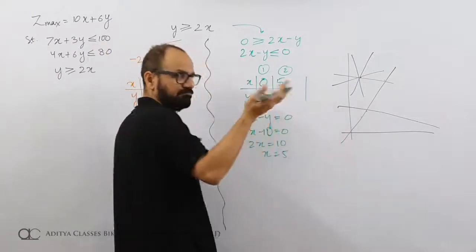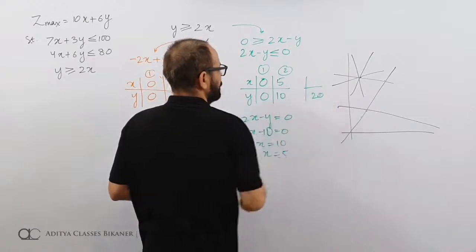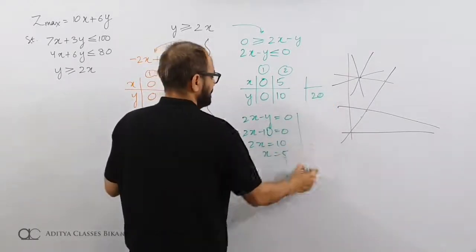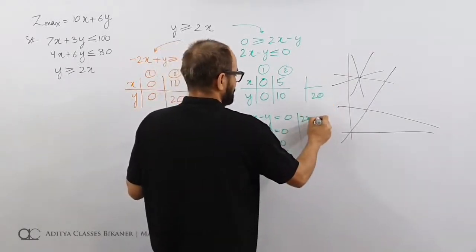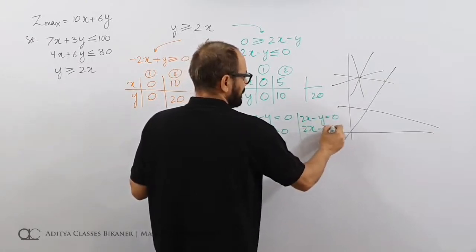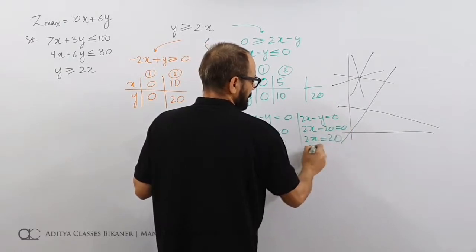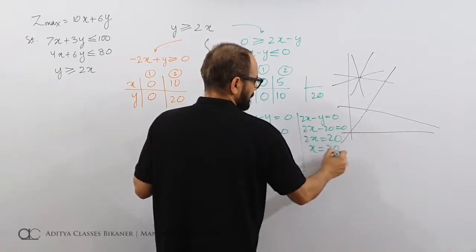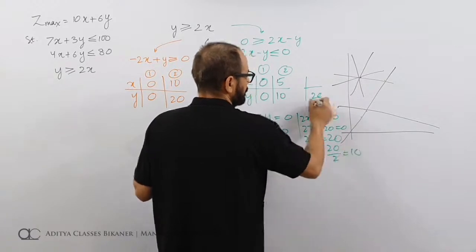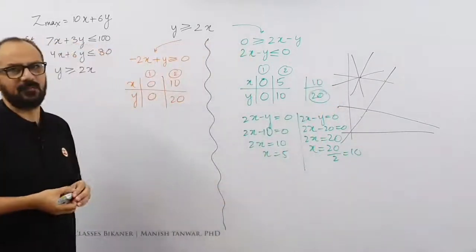Just for inspection, just to see what happens, if I take y is equal to 20, what happens here? 2x minus y is equal to 0, 2x minus 20 is equal to 0, 2x is equal to 20, x is equal to 20 divided by 2, making it 10. So if you take y as 20, you get x as 10.